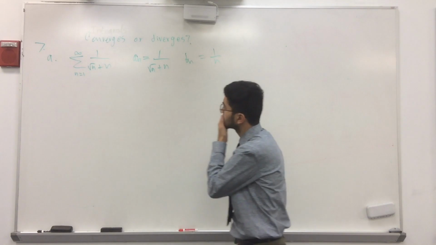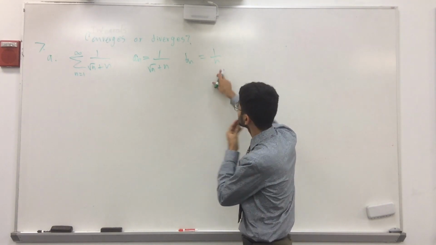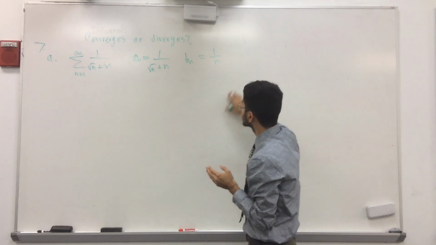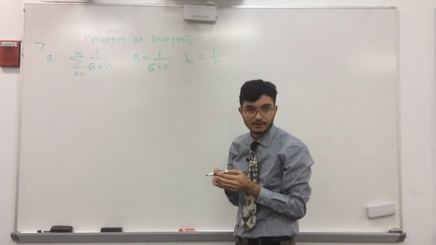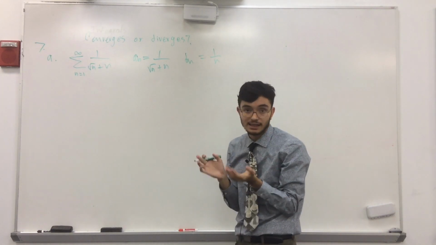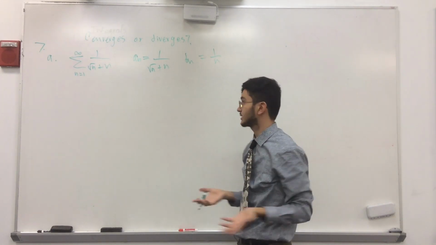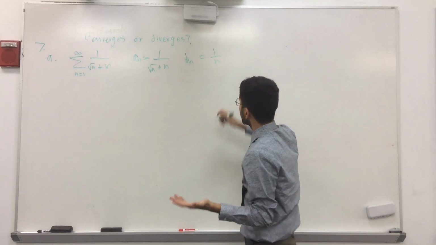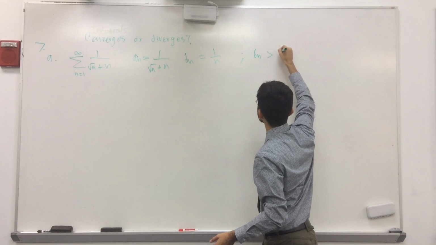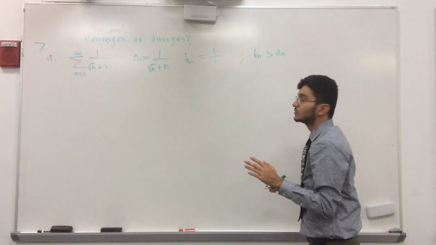Now, clearly, 1 over n, because we removed something from the denominator, will be greater overall, because the bottom is less, which makes the function larger as a whole. So we can state that b sub n is greater than a sub n.